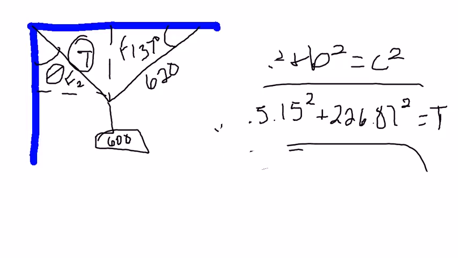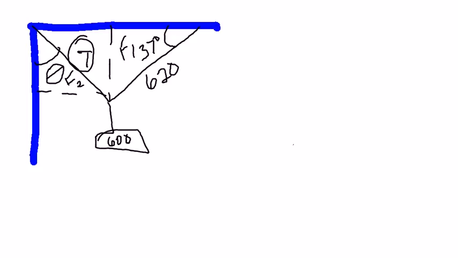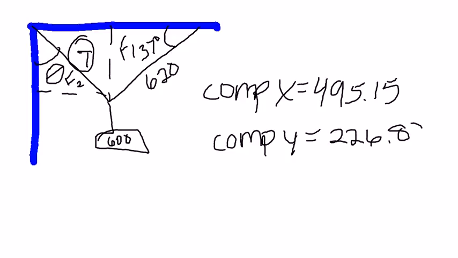Now the whole point of number 9 is to find theta. Theta is drawn on there, in the F2 component. We're going to be using the same exact components since we're dealing with F2 again. So component X is equal to 495.15, and component Y is equal to 226.87. So we have our components.